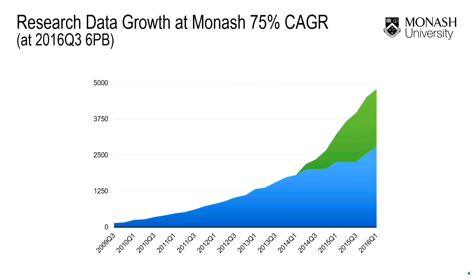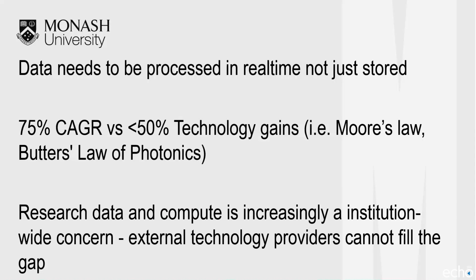It's the amount of research data. And it has consistently been growing at 75% per annum. That's a lot. In fact, I can't think of any other growth that's occurring in the university that's at that magnitude. It's a scary graph, and it's a scary thing. Now, that data also needs to be processed.